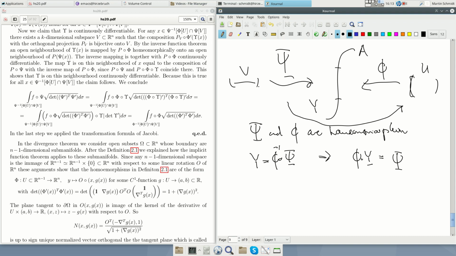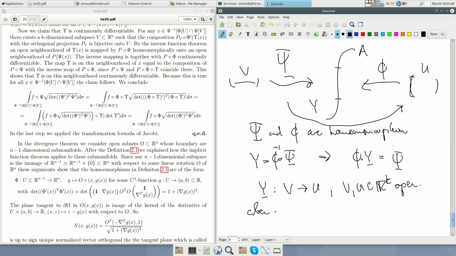And epsilon goes from V to U. V and U are open subsets in R^k, so it makes sense to say that epsilon is differentiable.